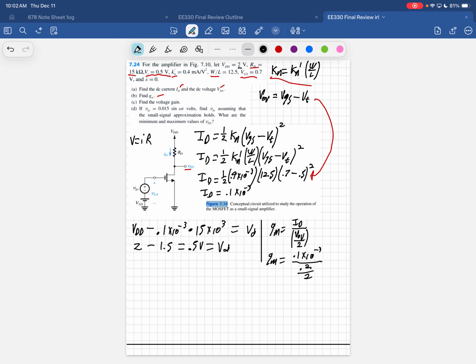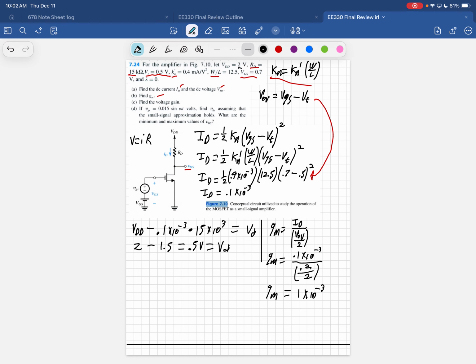So 1 Siemens? What's the unit? Something S. Siemens. Siemens? Probably. I don't know that term, I'm going to be honest. It's current divided by voltage. Oh, okay. Or I've also heard it called mhos.